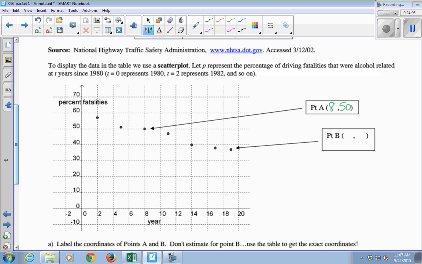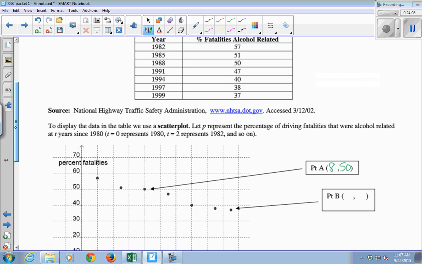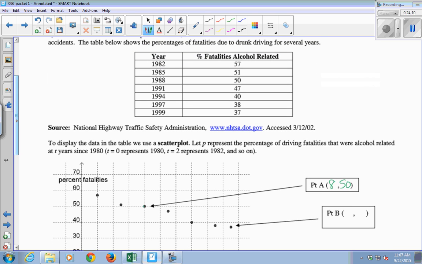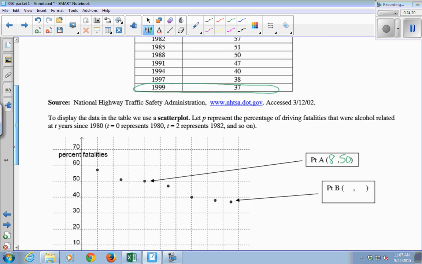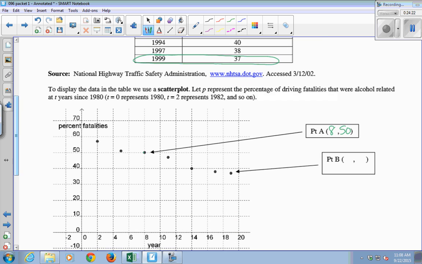So I could go back up to my table and say it's this point: 1999. How many years after 1980 is that? 19. So that point is (19, 37). Every point on this scatter plot corresponds to something in the data table.